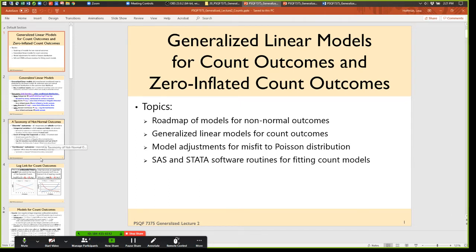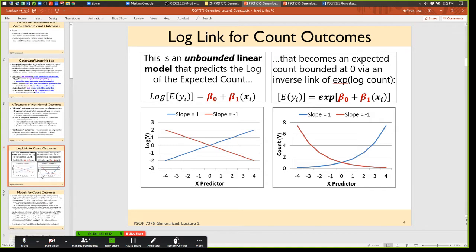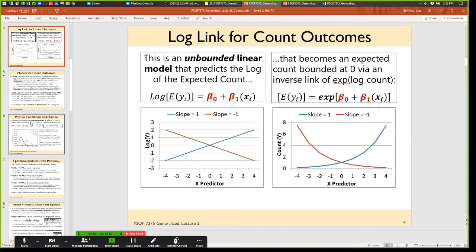So we have our new friend, the log. The job of the log link is to keep the predicted counts positive. So we predict the log of the expected count with a linear model, same as usual. The tricky part comes in what kind of distribution goes with it. So we looked at a couple options.